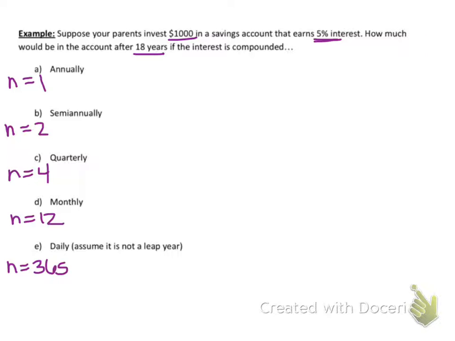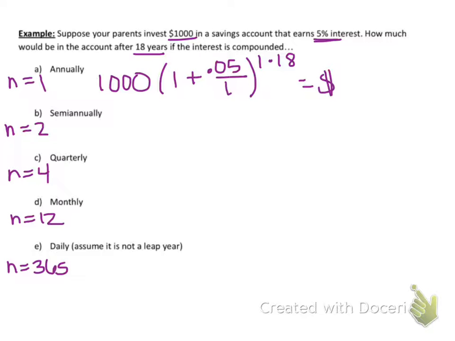For the first one, we're going to say our starting value, which is 1,000, 1 plus my R value over my N value raised to my N times my years. When you type this in, you should get $2,406.62.